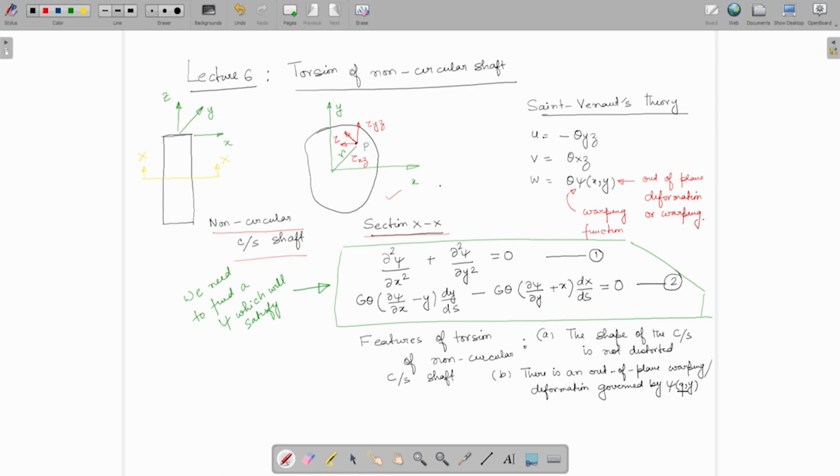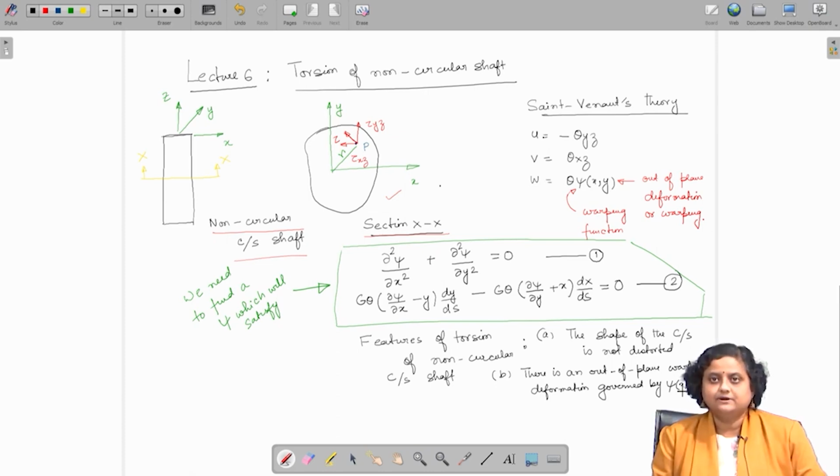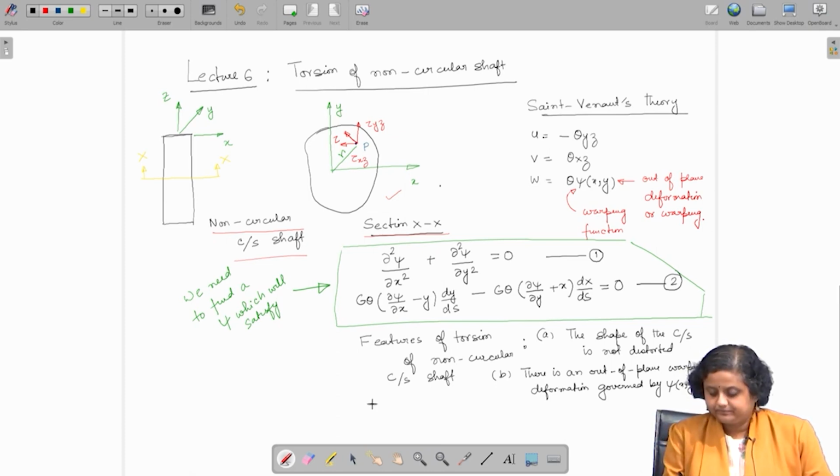But unlike circular cross section shaft, there is an out of plane deformation which is governed by psi x y.